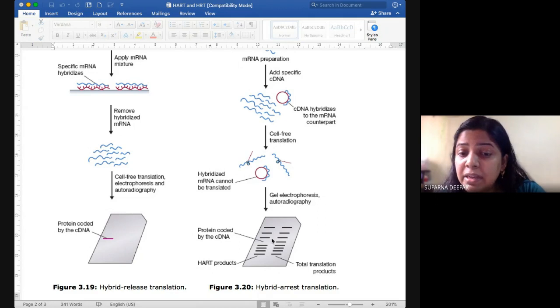What does that mean? This is the protein of your interest, which is getting arrested by the HART procedure.